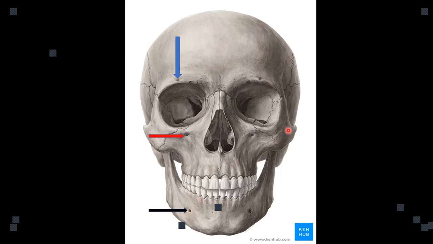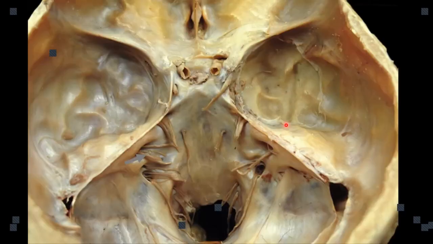Then somewhere here, I believe you'd find the zygomaticofacial foramen, through which the zygomaticofacial nerve and vessels pass. That one I did not indicate, but I'm sure. Please identify it when you go to your dissection sessions.